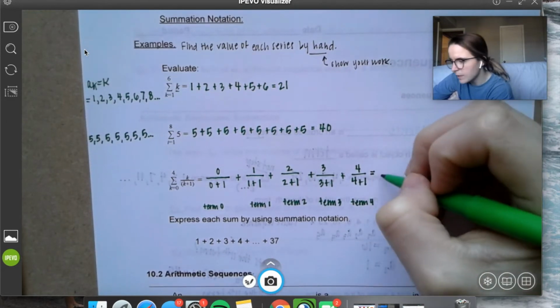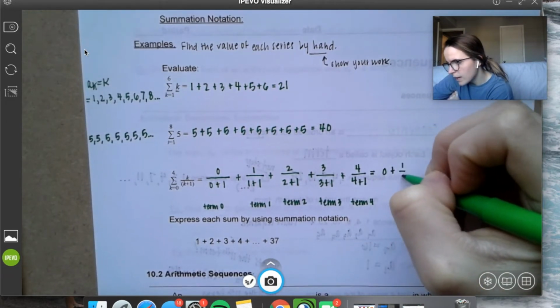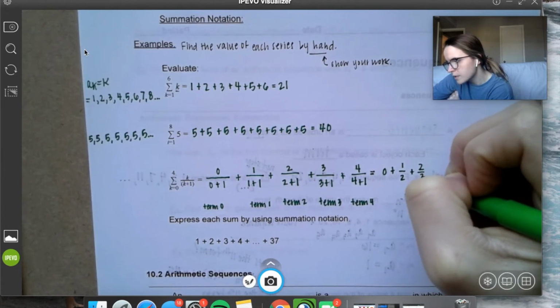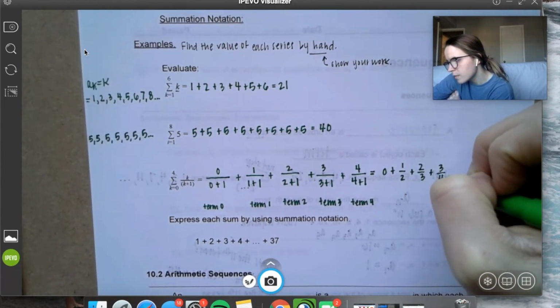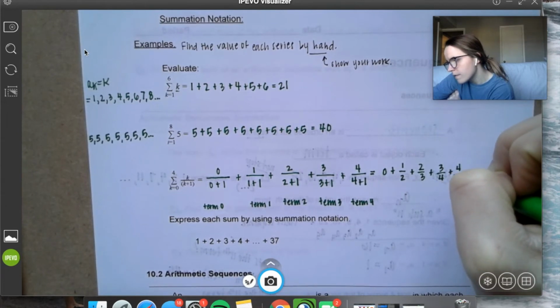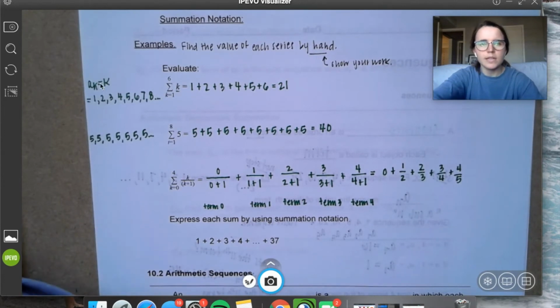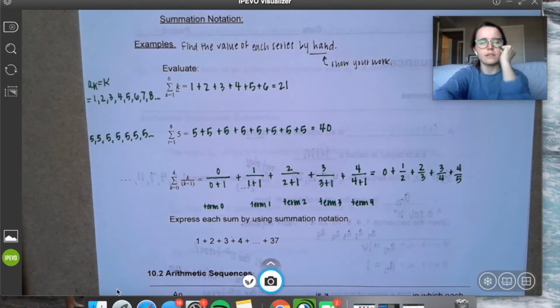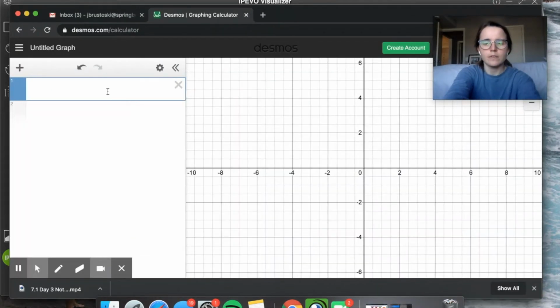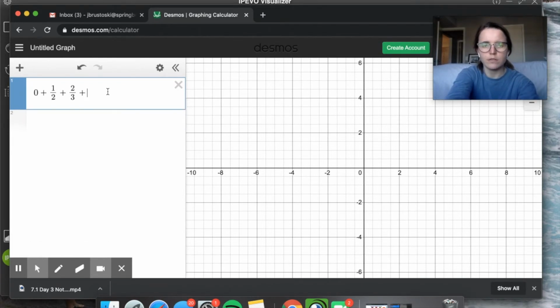So that's how we would write that out. Then we want to simplify, so we get 0 plus 1/2 plus 2/3 plus 3/4 plus 4/5. We'll use our handy dandy Desmos calculator so we don't have to tire ourselves adding this up. Okay, so we have 0 plus 1/2 plus 2/3 plus 3/4 plus 4/5.